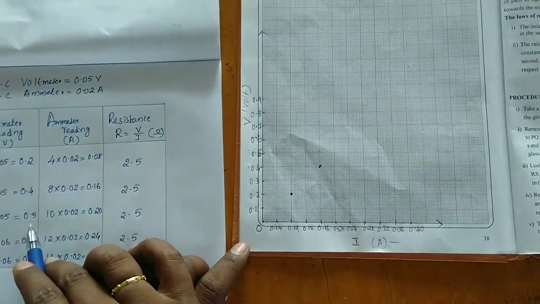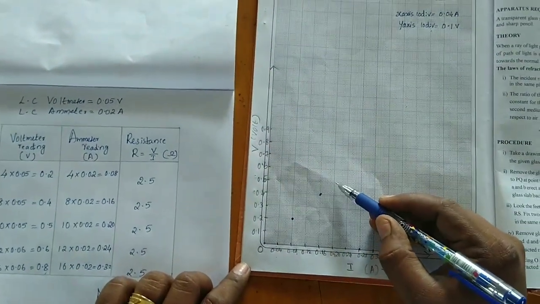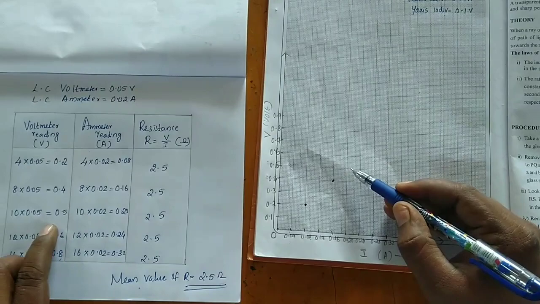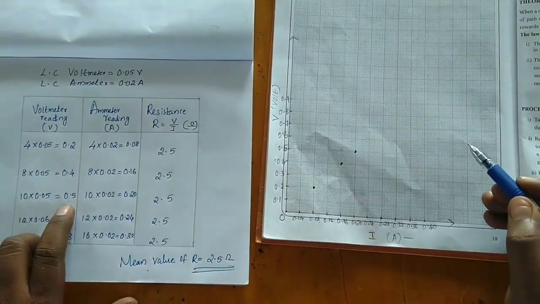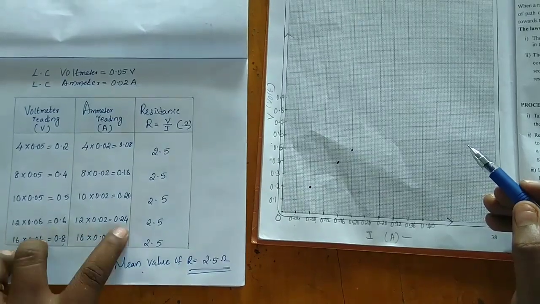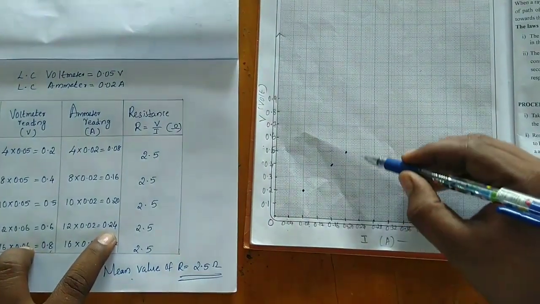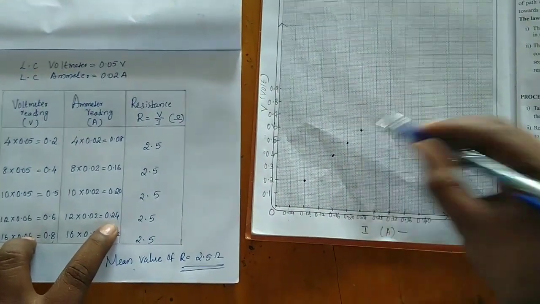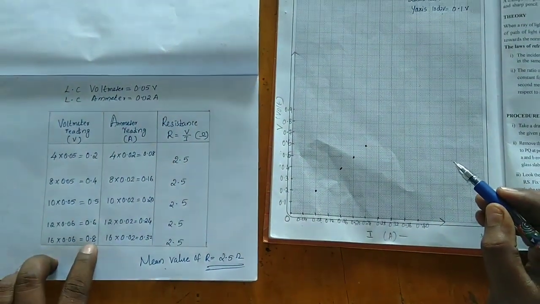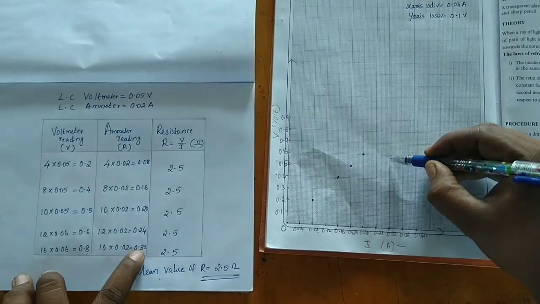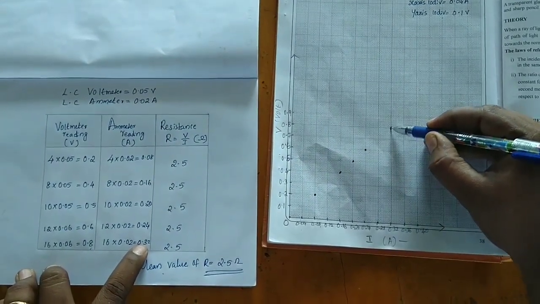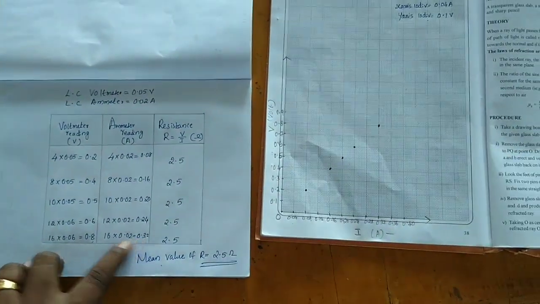Then like that I have to mark 0.5, corresponding value 0.2. Then 0.6, corresponding 0.24. Then 0.8, corresponding value 0.32. So I marked these 5 points in my graph.